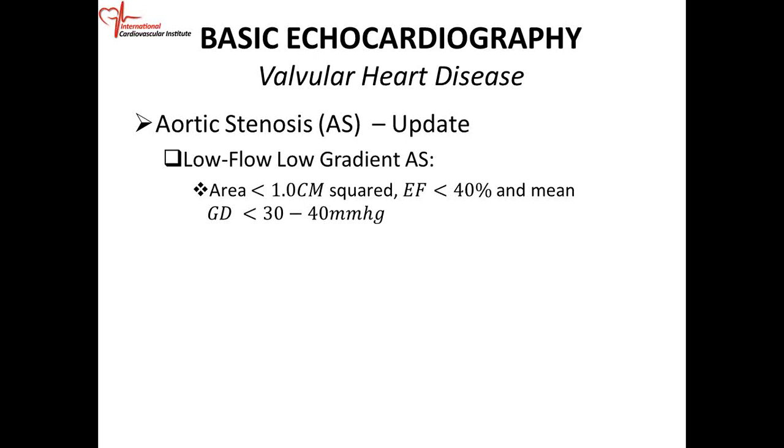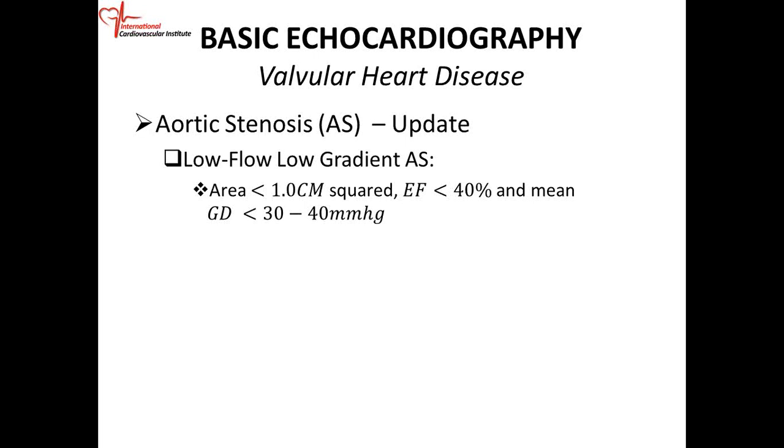So we define a group of patients with low flow, low gradient AS as when we do our initial assessment, they have a valve area less than 1 centimeter squared, the EF is usually less than 40%, and the mean gradient is between 30 and 40. So this doesn't match up. Because when we talk about severe aortic stenosis, it is a valve area less than 1 centimeter squared and a mean gradient greater than 40.